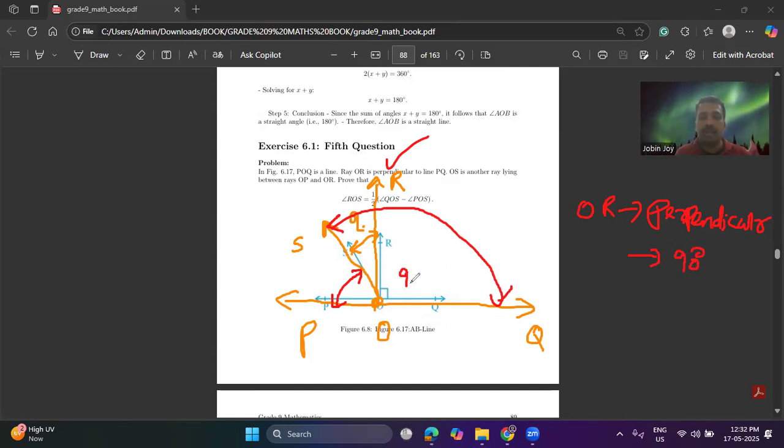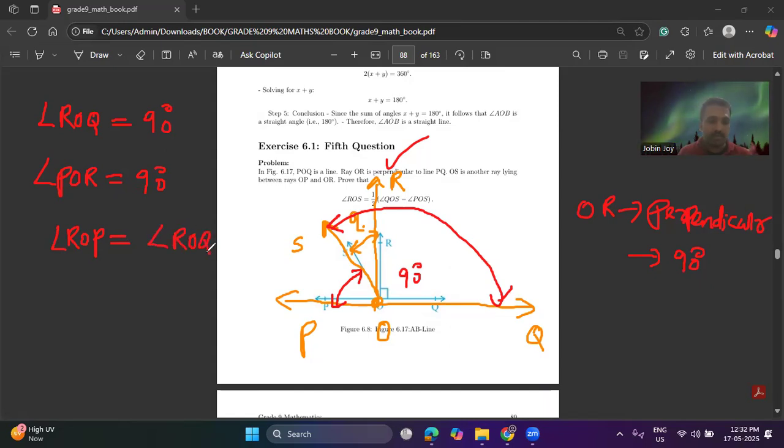That means this angle is 90 degrees and also this angle is 90 degrees. So I can write angle ROQ is equal to 90 degrees. Angle POR is equal to 90 degrees. So angle ROP is equal to angle ROQ, right?